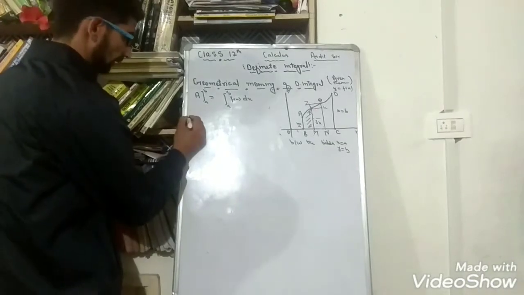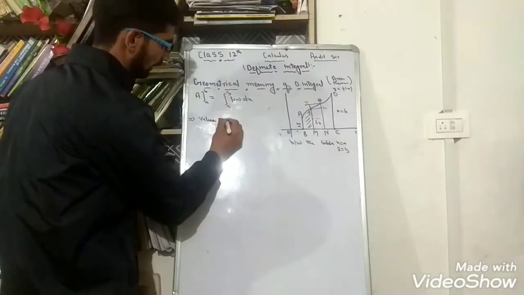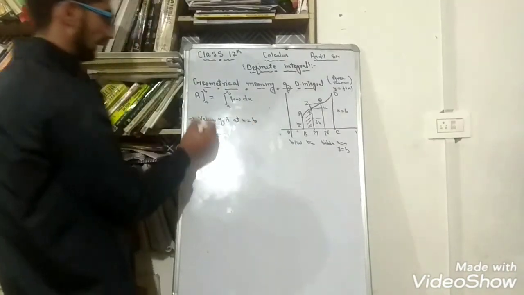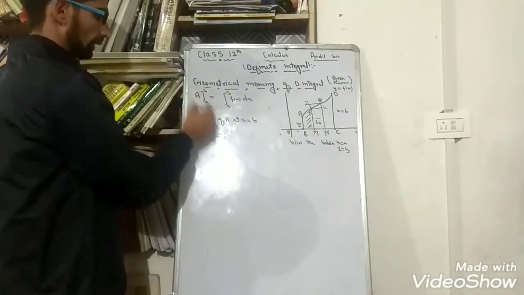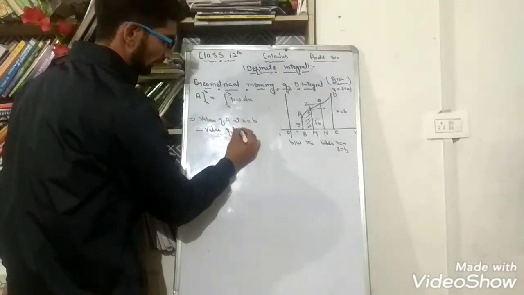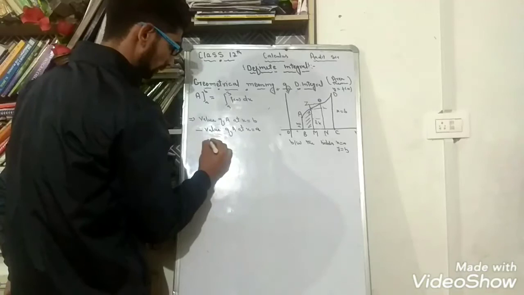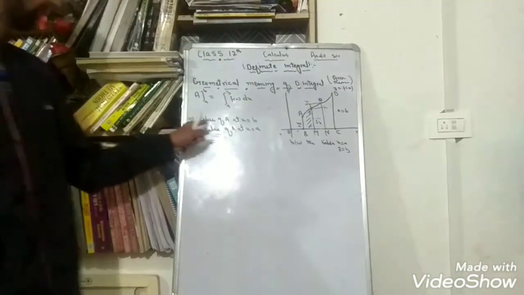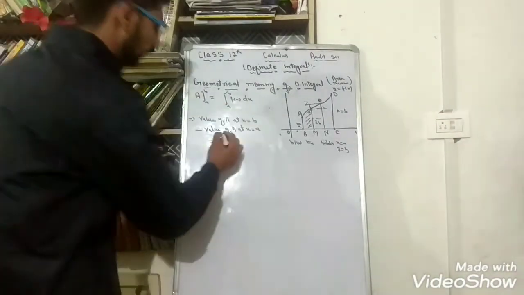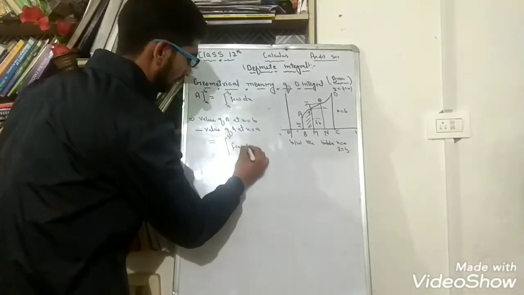So it further means the value of A at x is equal to b, minus the value of A at x is equal to a, is equal to the integral a to b f of x dx.